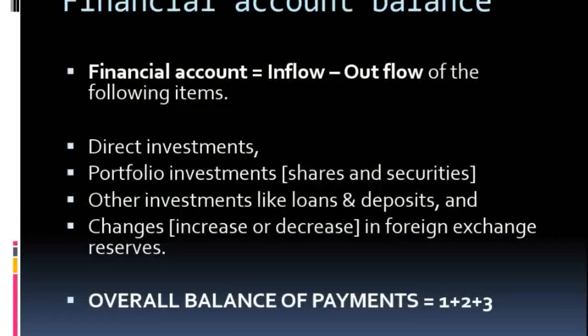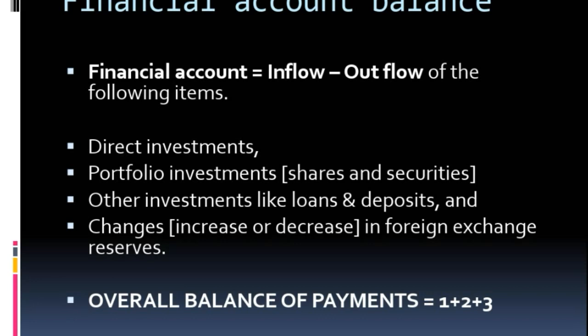Now the financial account balance. Financial account balance is calculated by summing up all the financial assets received, the inflow of financial assets, minus the sum total of financial assets that went out, the outflow. By looking at the difference, we can say whether the financial account is surplus, deficit, or balanced.